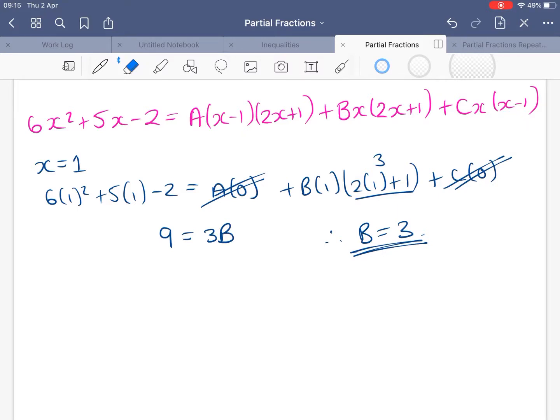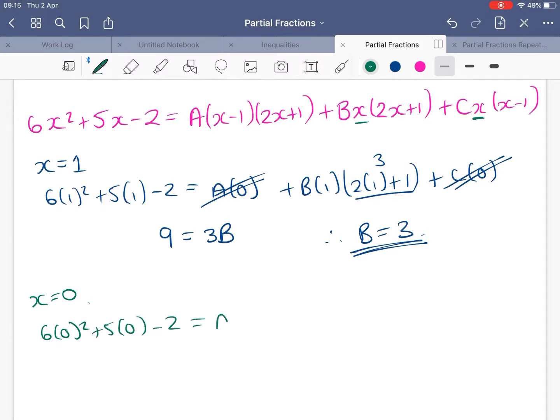I'm actually going to make my x equal to 0, because I want to get rid of this one and this one. So I'm going to say x is 0. With this, 6 lots of 0 squared plus 5 lots of 0 minus 2 equals a times 0 minus 1, 2 lots of 0 plus 1, plus b times 0, so that's going to go, plus c times 0, so that's going to go.